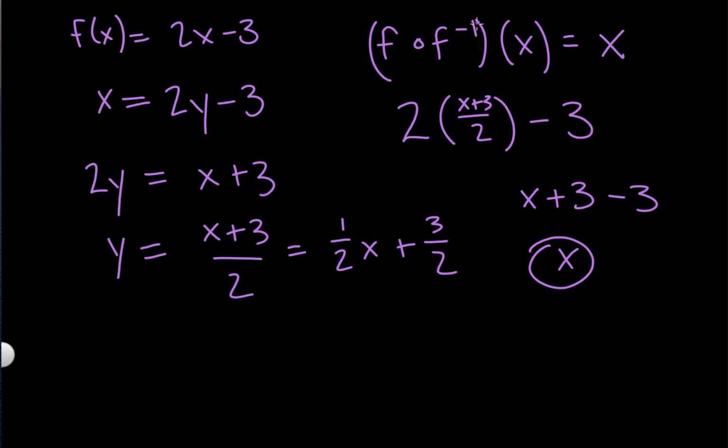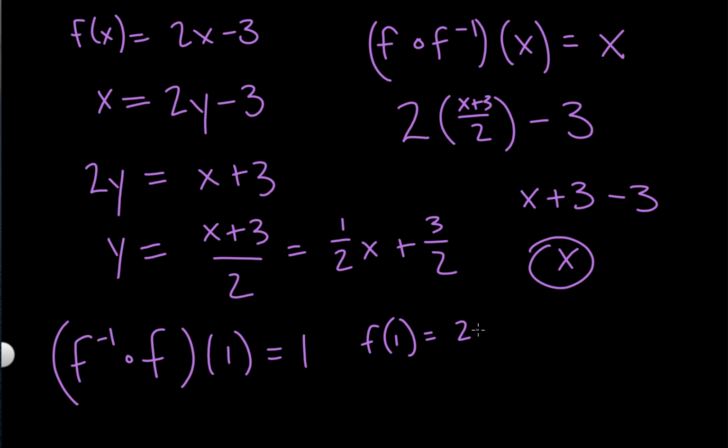We can also do this with numbers. If we take, let's do it backwards, the inverse composed to the function of some input, let's say 1, this should be equal to 1. So let's find f of 1. So that would be replacing the x with 1. 2 minus 3 gives me -1.